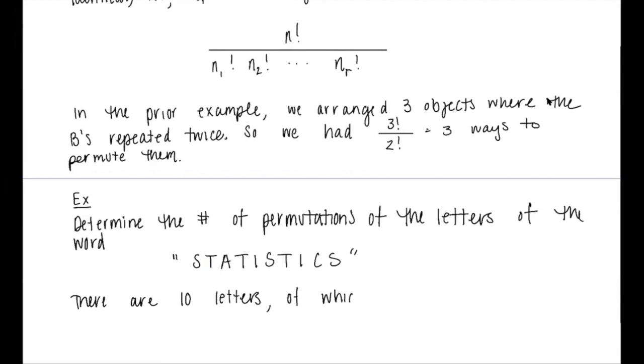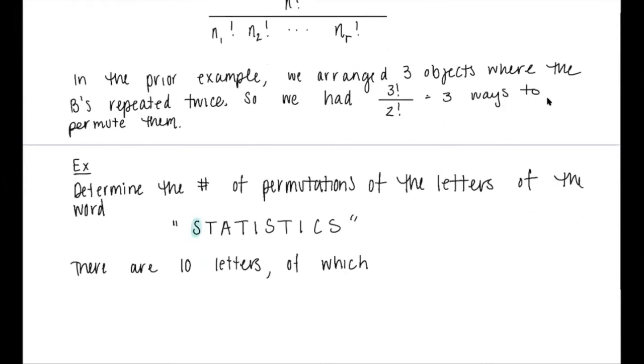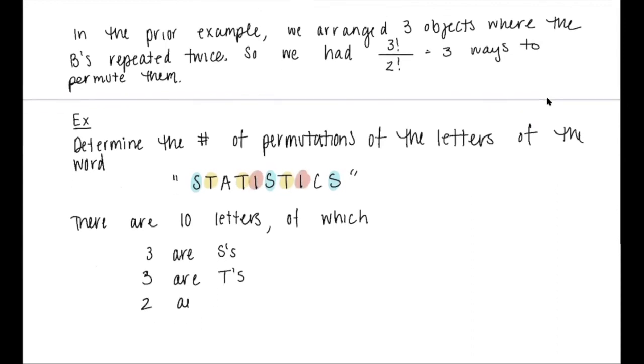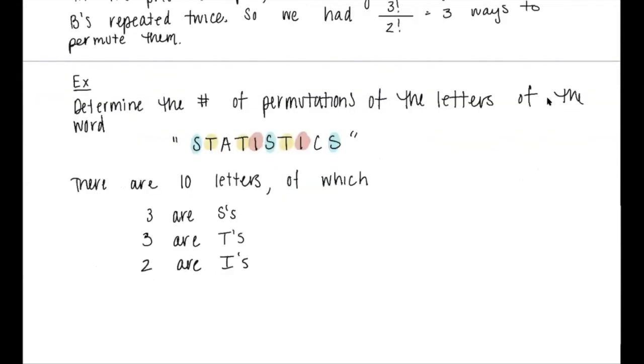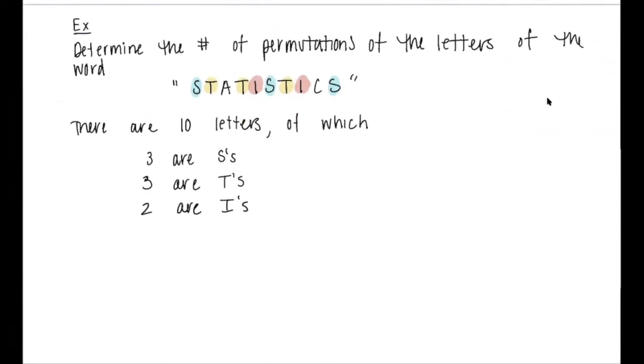Of which we have 1, 2, 3 S's, so 3 of this one object. We've got 3 T's as well, so these repeat. And then we also have 2 I's. So if I were able to distinguish, I've got 10 objects, I'm arranging all of them, I have 10 factorial ways to do that.